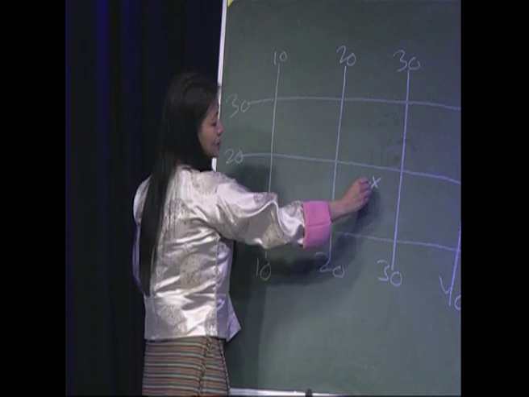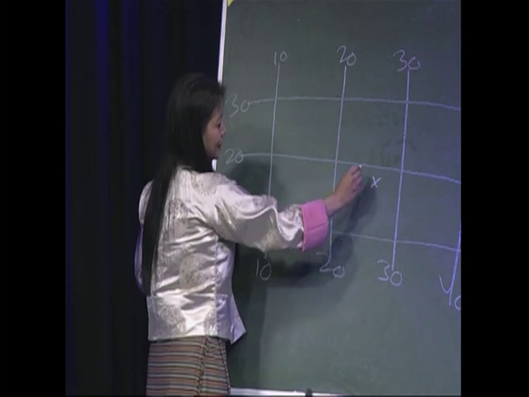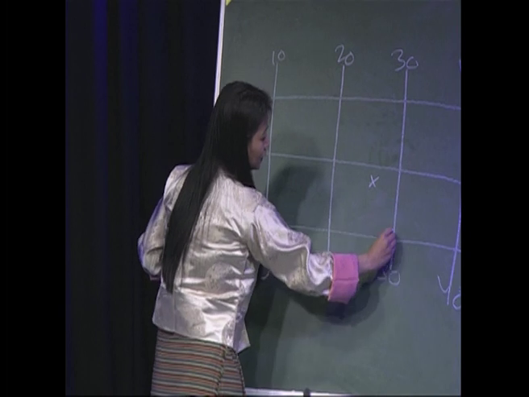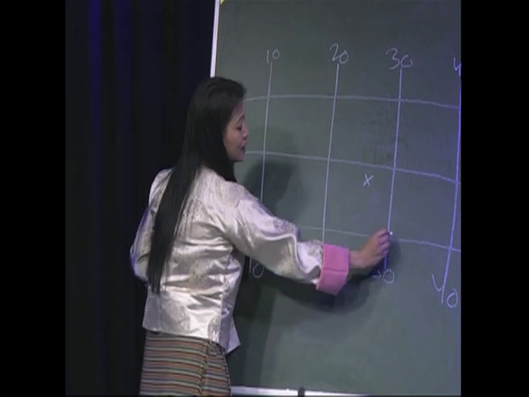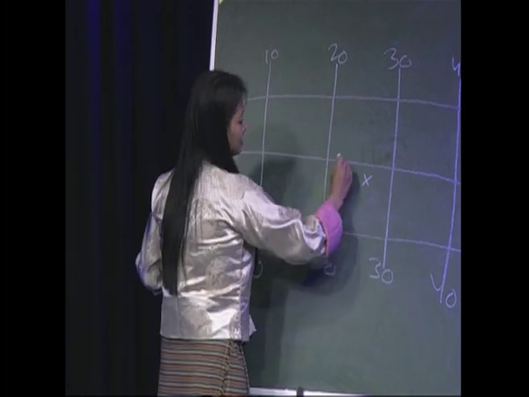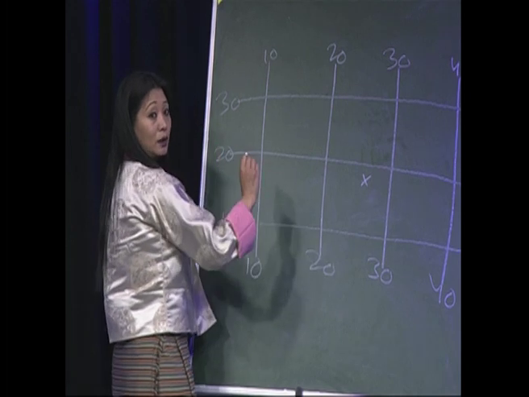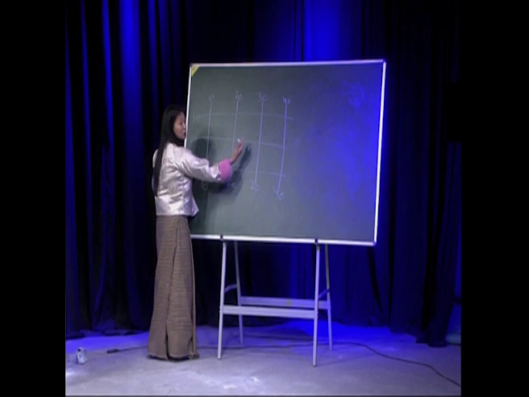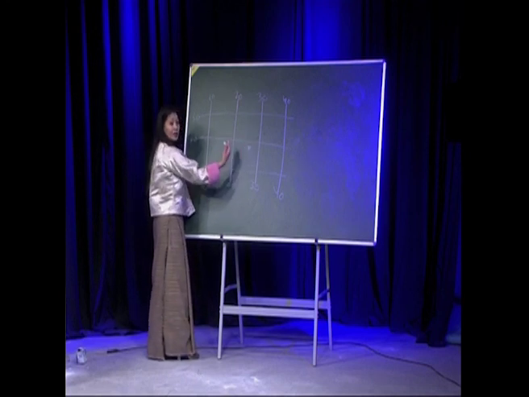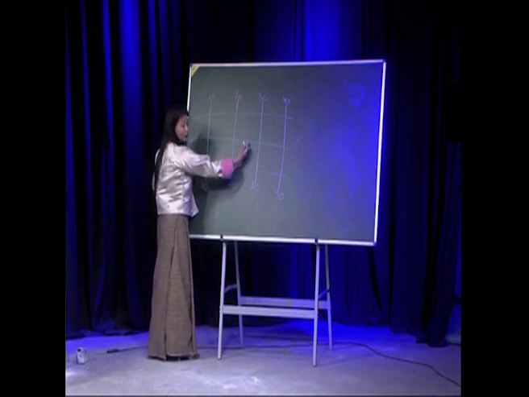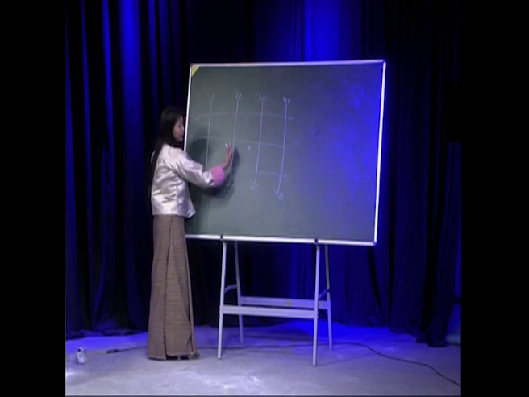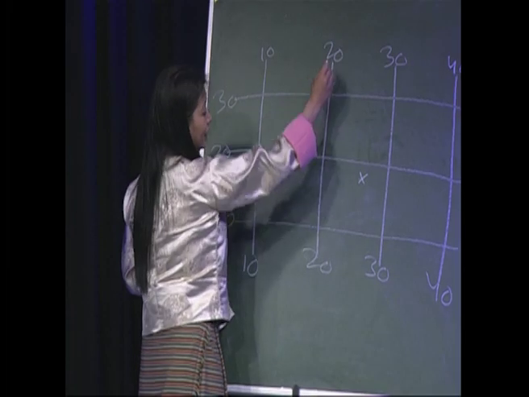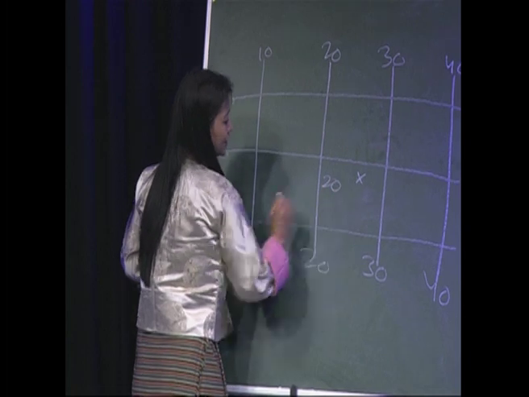Where is place X? You have to look into this grid. This is called a grid. Always write the easting on the left of the object. So on the left of X, which line do we have? We have the line that is 20.